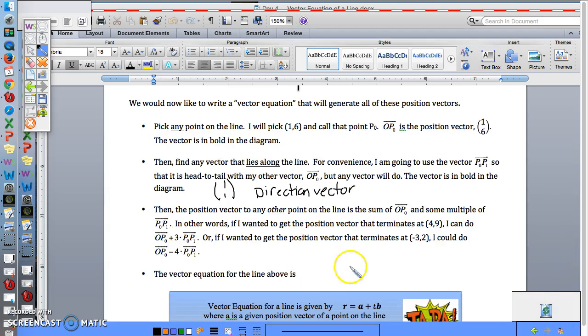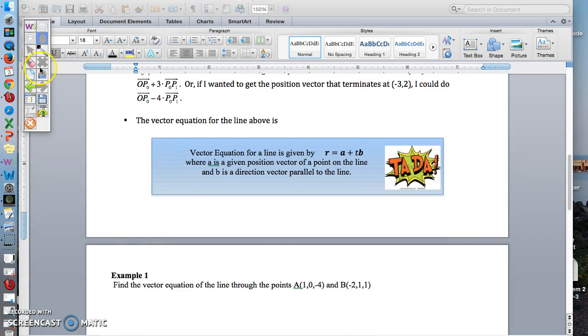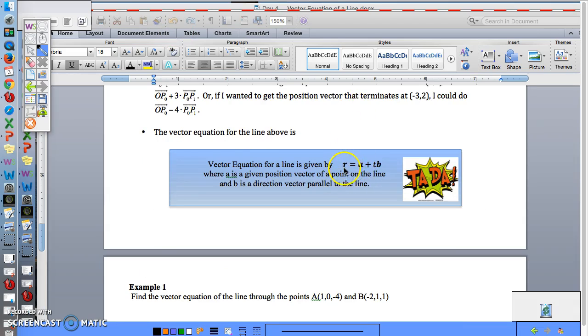So basically, the equation for a vector line is in this form. Instead of y equals mx plus b, we call it r equals a plus tb, where a is any position vector that's on the line, plus t, however many times, times b, our directional vector.